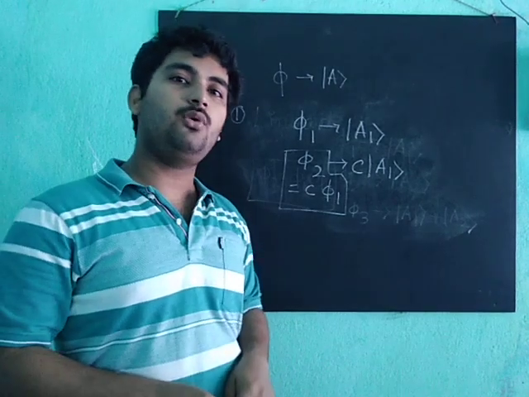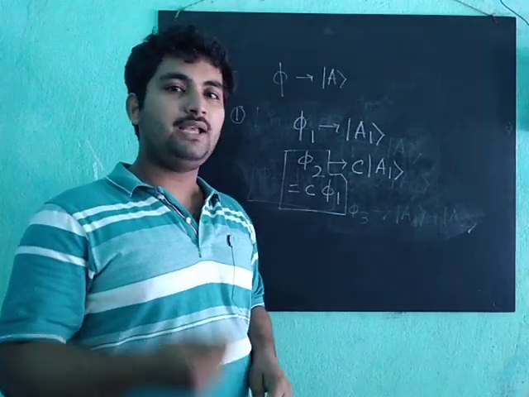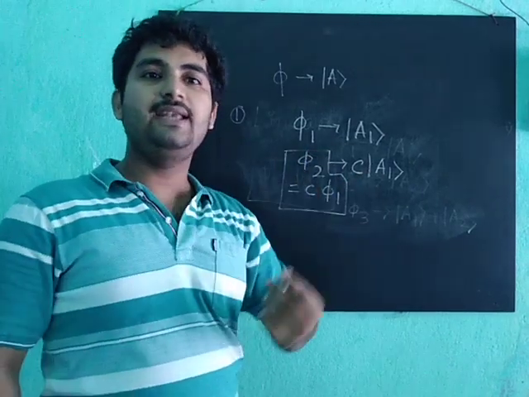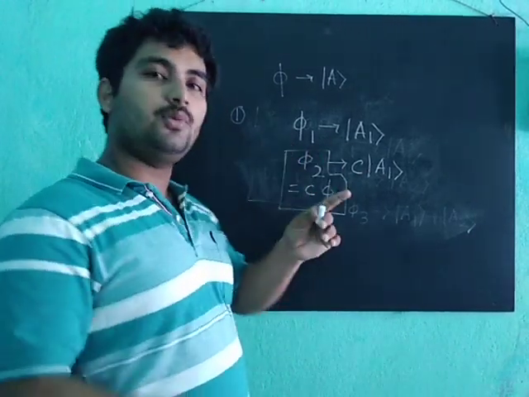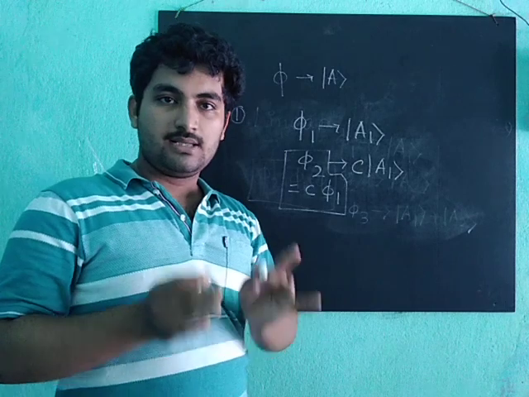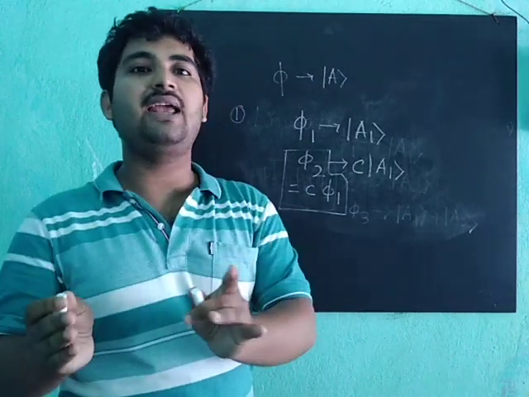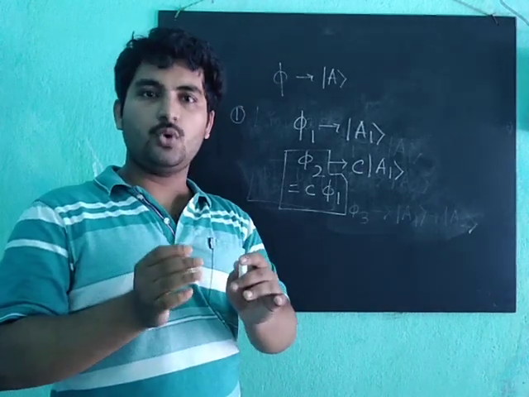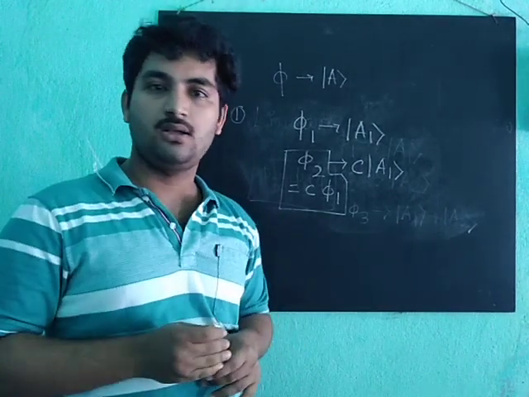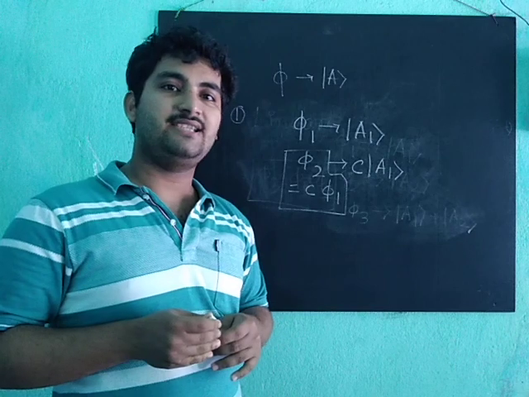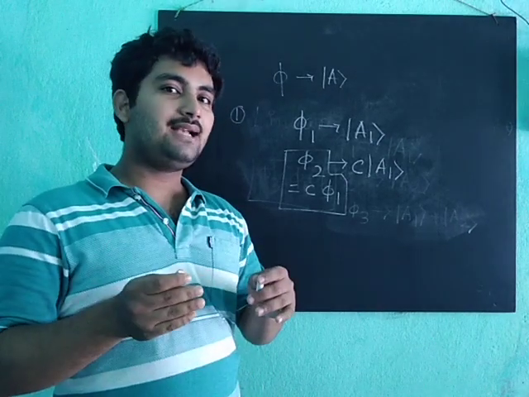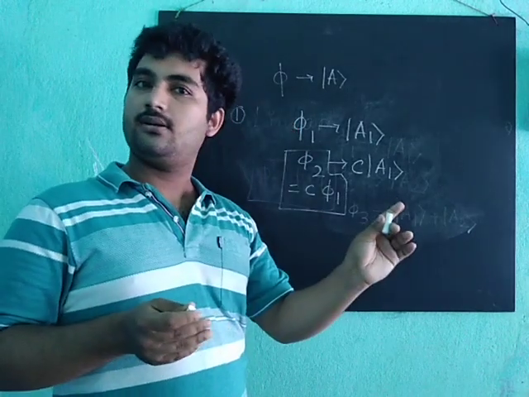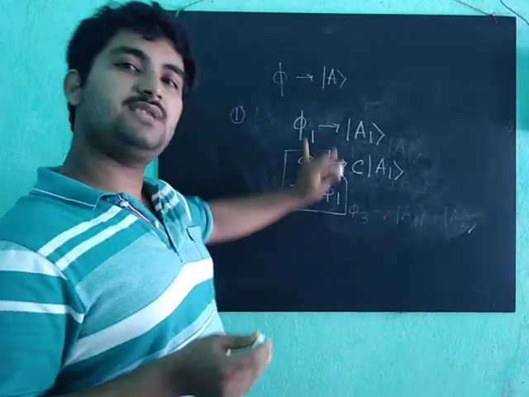Now I have told you about two properties of phi. The first one was linearity. So these two properties tell that phi is something like a scalar product. We have known about the scalar product in vector algebra. Why is that? Scalar product also is linear and also holds this property.